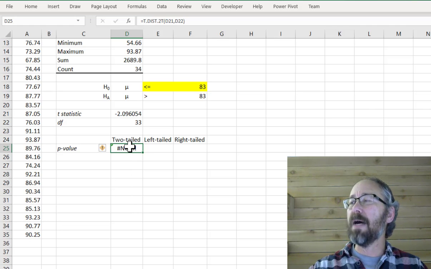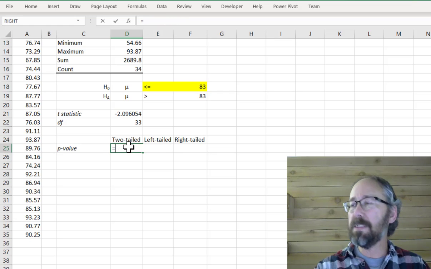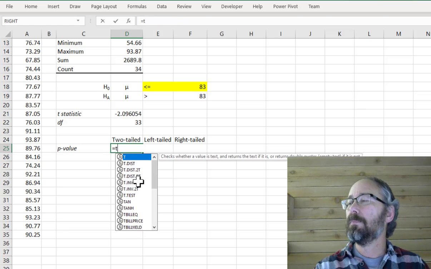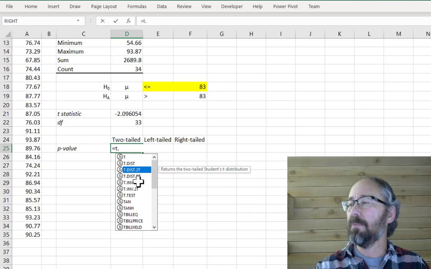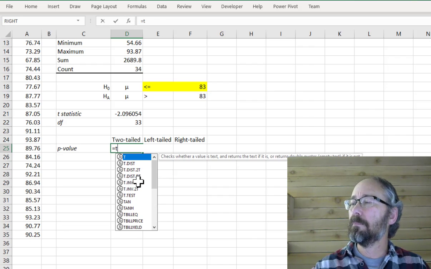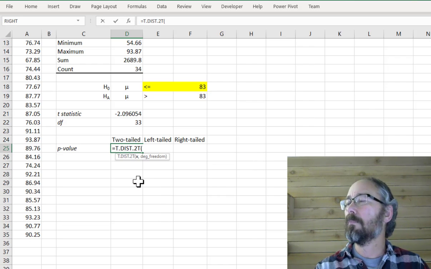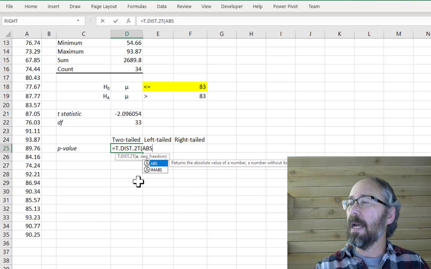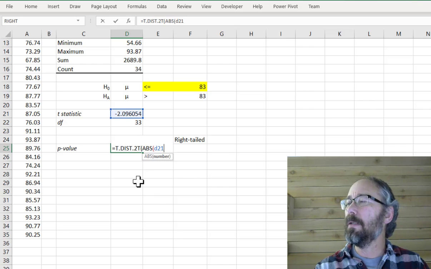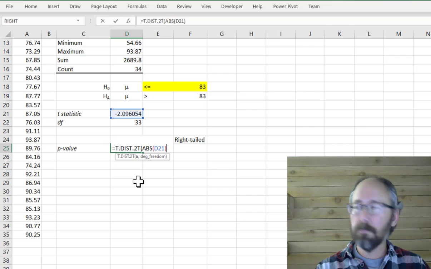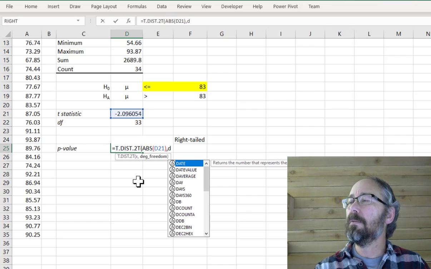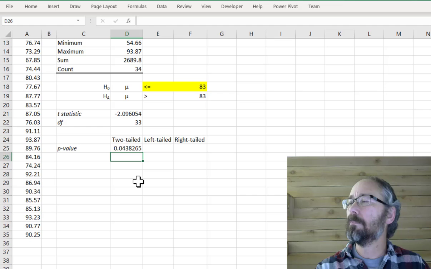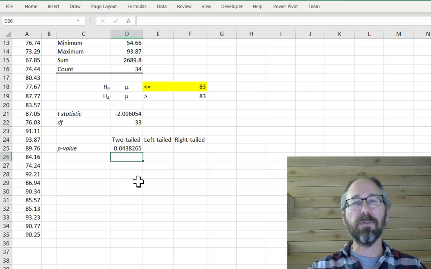The absolute value is the easiest, so I'll just retype this in. There's the absolute value of D21, and then D22. And we have our p-value for the two-tailed test.